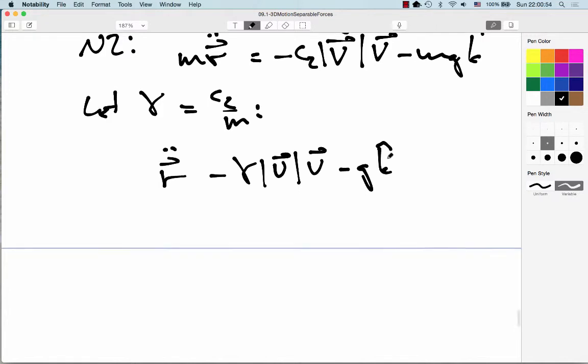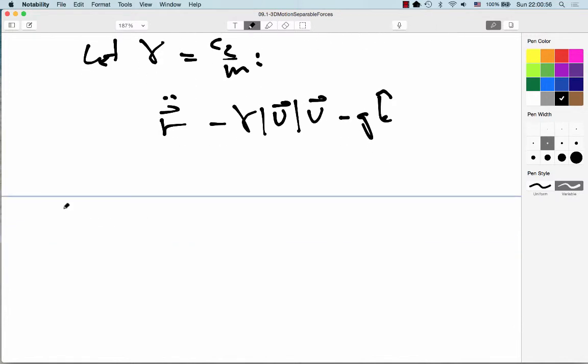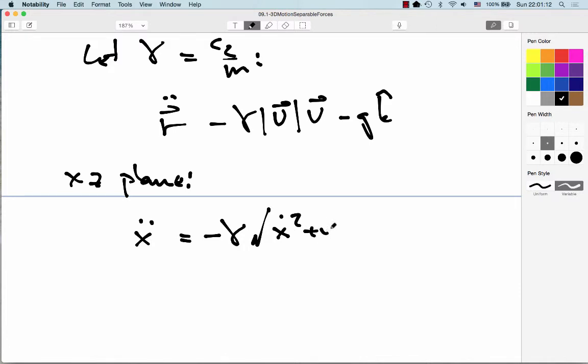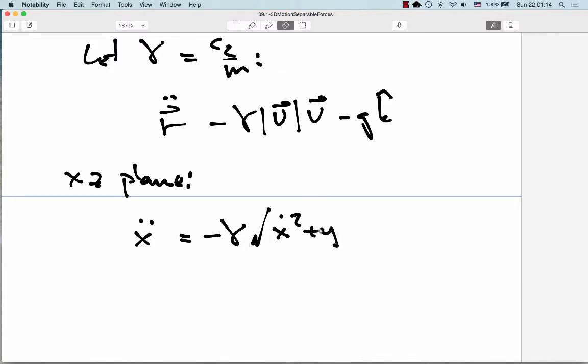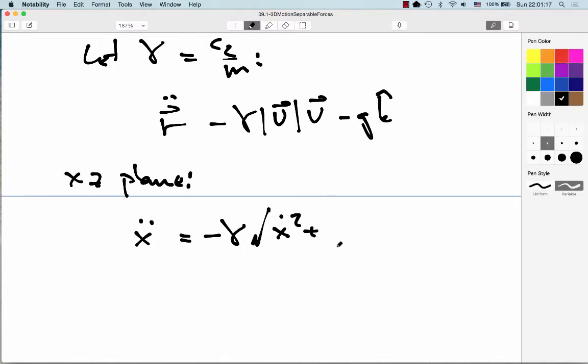And again, let's confine our motion to the xz plane as before. So we get x double dot equals minus gamma. Now here's the thing, the magnitude of v is going to be the square root of x dot squared plus z dot squared.